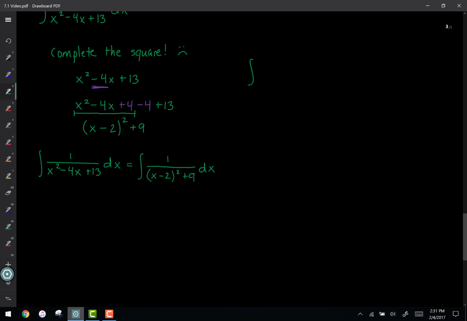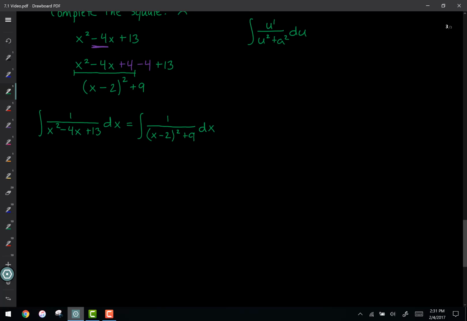This is going to be another one of those integrals of u prime over u squared plus a squared du. Where what is my u going to be here? The u is x minus 2. Here's my du. And my a is 3. So this integral then is going to be 1 over a, so 1 over 3 arctangent of u, x minus 2, over a, plus our integration constant.